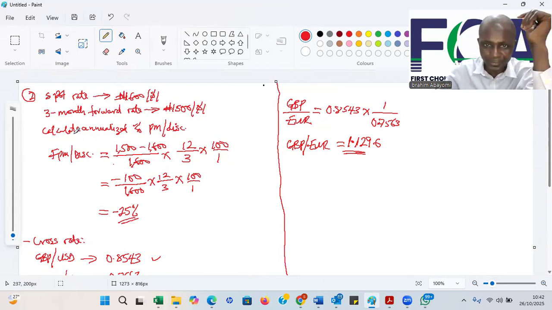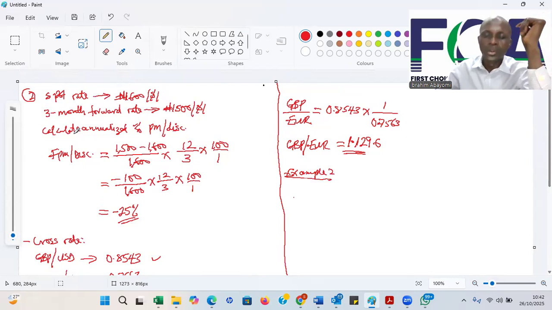Let me give you one more example. This time around, look at it. Example 2 for cross rate. Let's say we have this quotation.